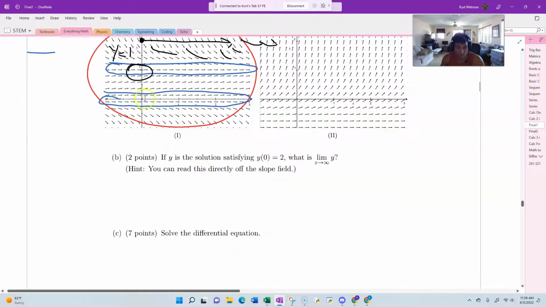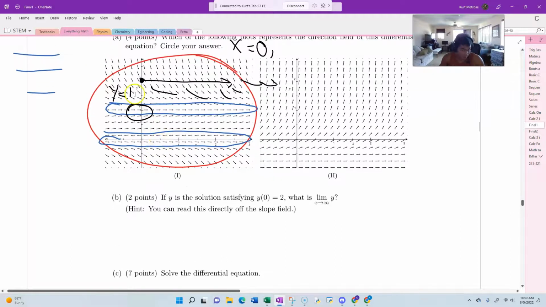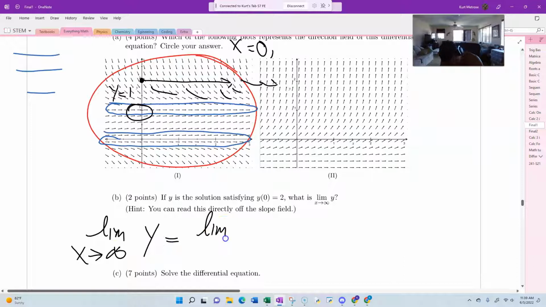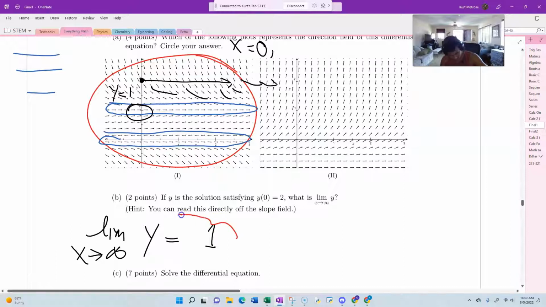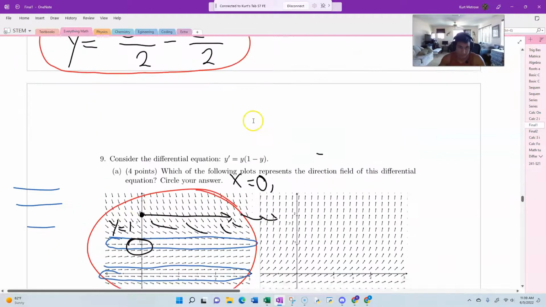So the limit as x goes to infinity of y is 1. There it is. That's all it is, guys. It's kind of hard, actually, because there's not much going on, so you would think there's more. But that's it.